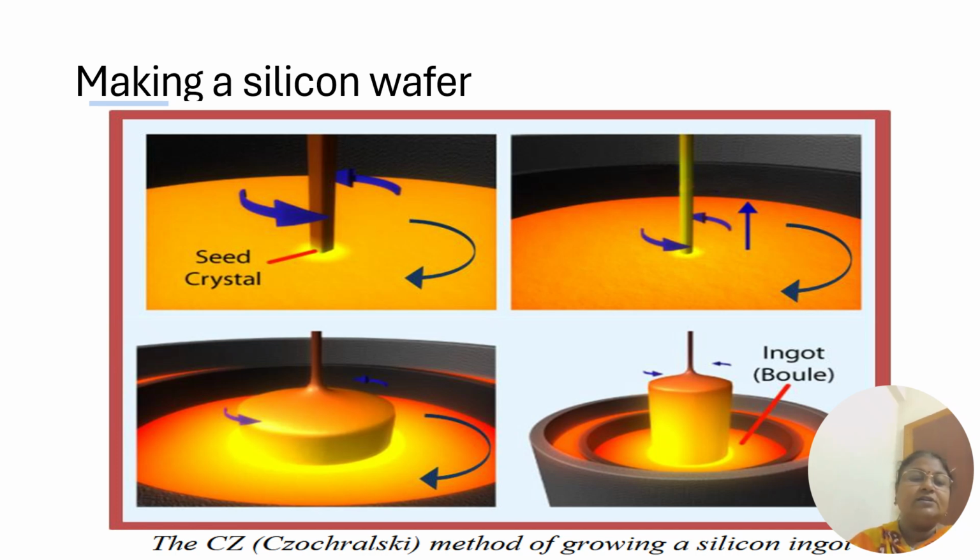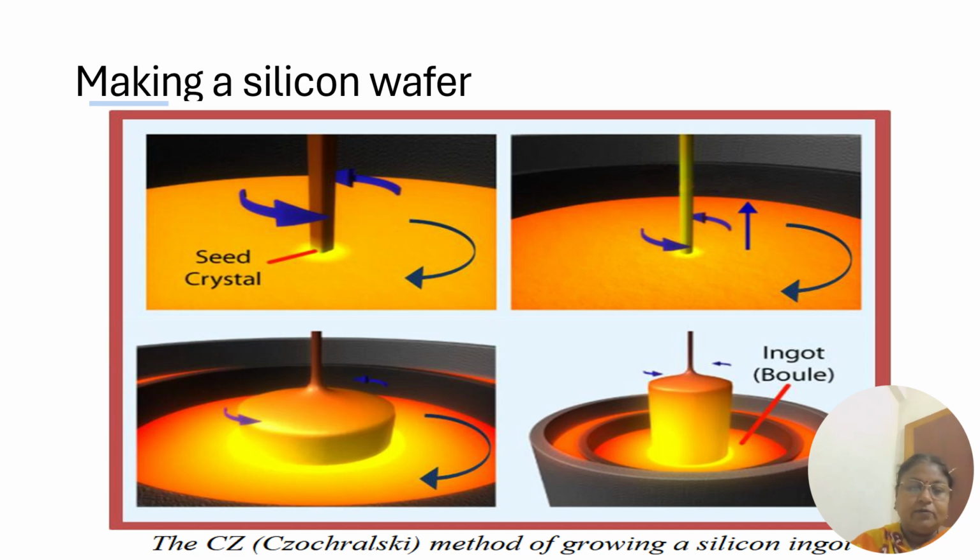This seed crystal in a molten form is pulled by means of this pulling action, back and forth. You can see this, and by means of this puller, we will get a cylindrical ingot. We call it a silicon ingot. Since the structure is in a cylindrical form, we call it a silicon cylindrical boule.